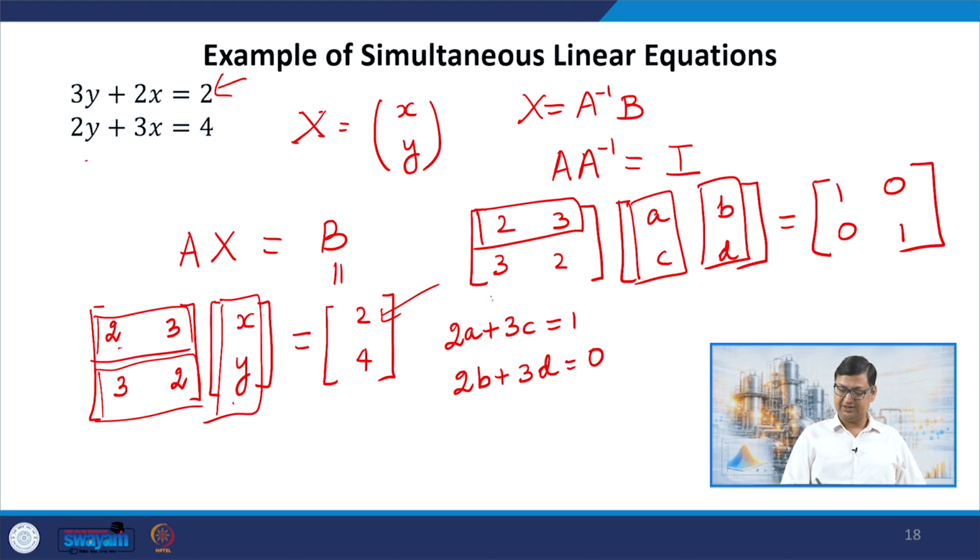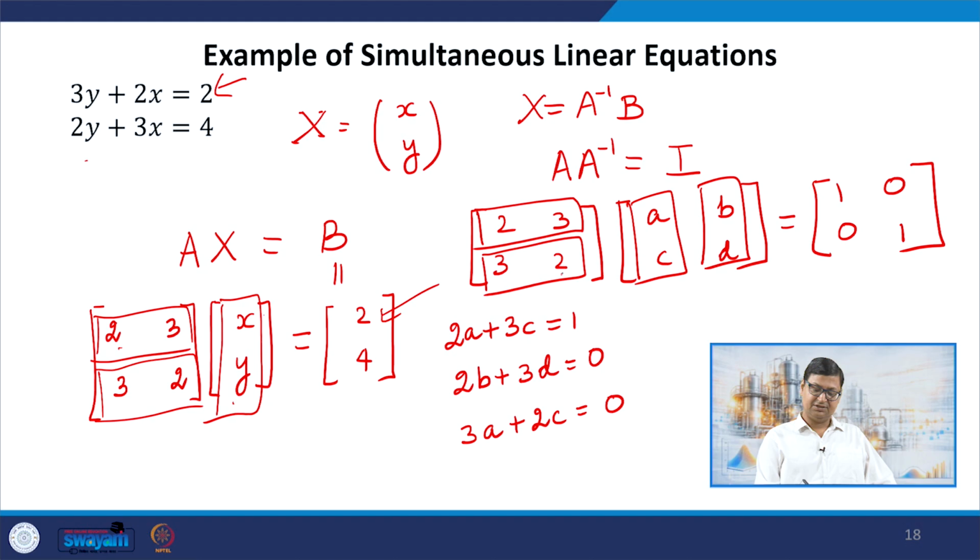Now the third equation is second row into first column, that is 3a plus 2c is equal to 0, and then second row with second column, that is 3b plus 2d is equal to 1, and we can solve this to get the A inverse.